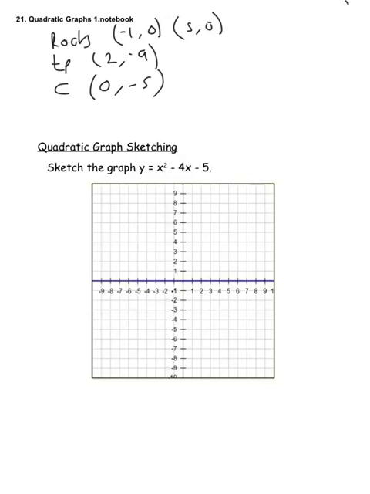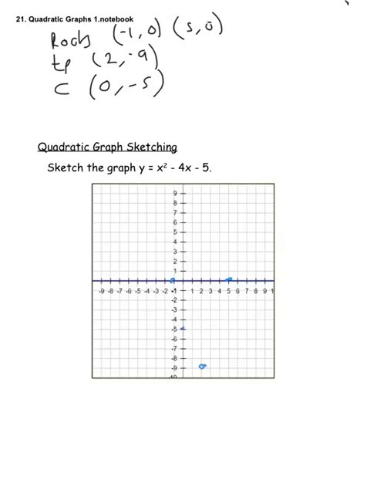Okay, so if we're going to sketch this graph, and this will be a little bit difficult for me on this device, we need to use the roots, the turning point, and the y-intercept as placeholders first. Okay, so minus 1, 0 is going to be there, 5, 0 is going to be here, 2 across minus 9 down is going to be down here, and 0 minus 5 is going to be there.